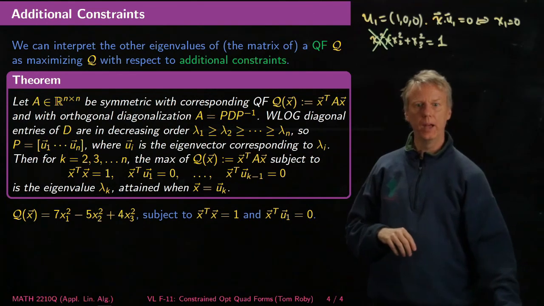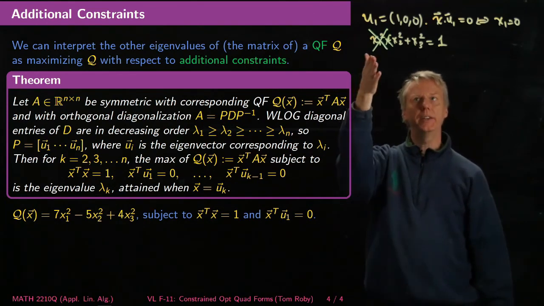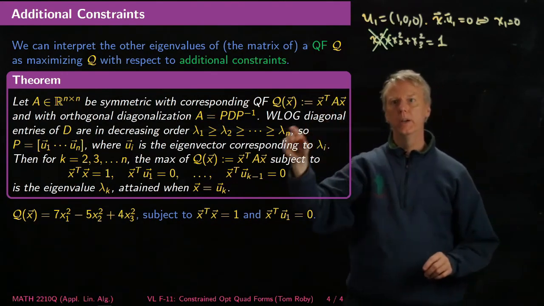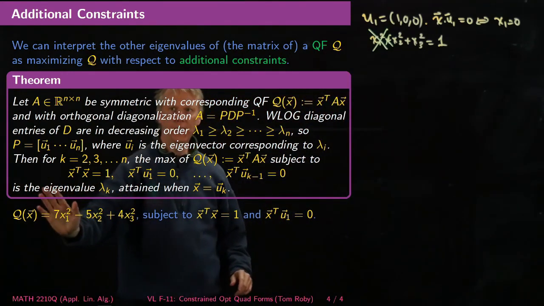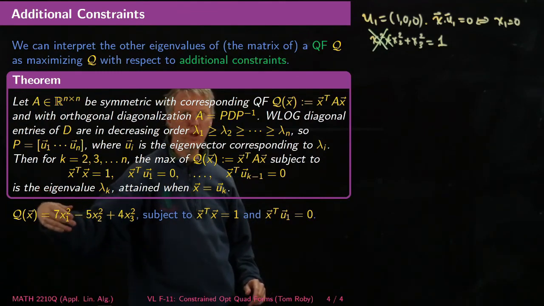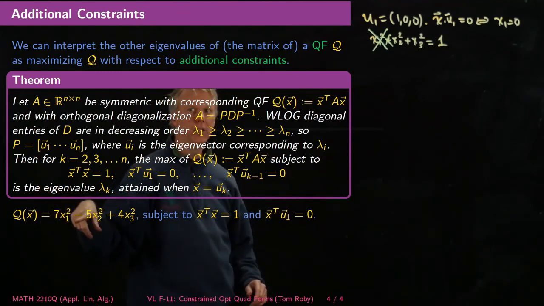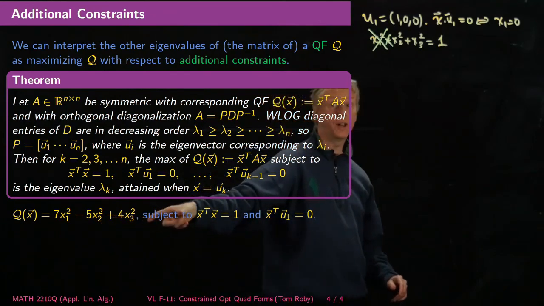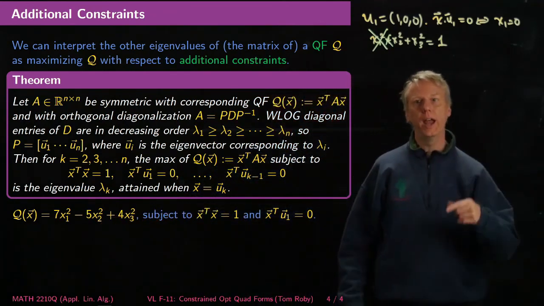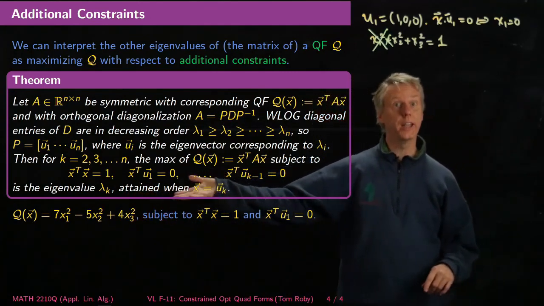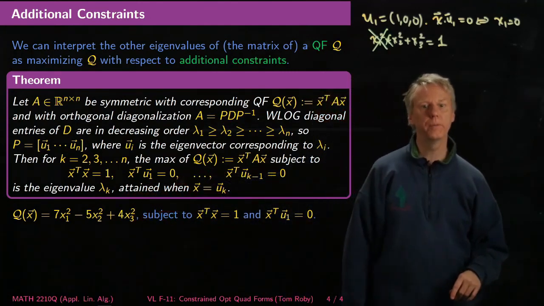Once we're restricted to this set, really the quadratic form just gets rid of this term here, 7x1 squared. And now you just have minus 5x2 squared plus 4x3 squared. So I'm just trying to maximize this two-dimensional quadratic form on the circle. And by the standard analysis, that takes place at the highest eigenvalue that's left, which is just 4.